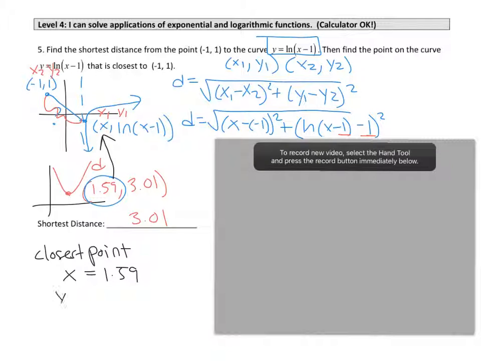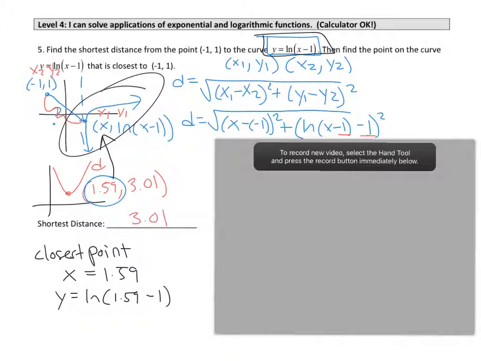And then the y value is the y coordinate that goes with the x coordinate on your natural log graph. So to find the y value that goes with it, we plug our x into the function y equals natural log of x minus 1. So y is going to be natural log of 1.59 minus 1. And so we can do that in our calculate window.